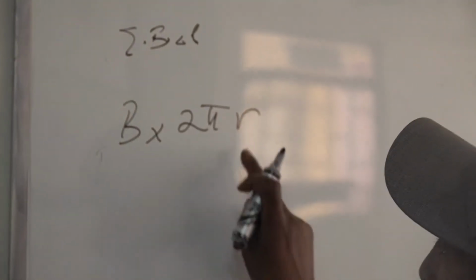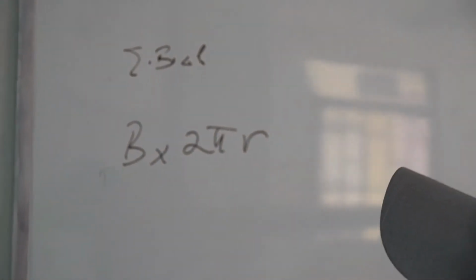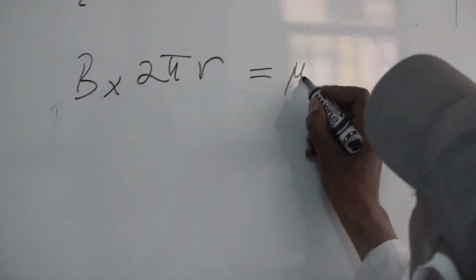But remember, r is greater than small a and less than small b, meaning inside the toroid itself.